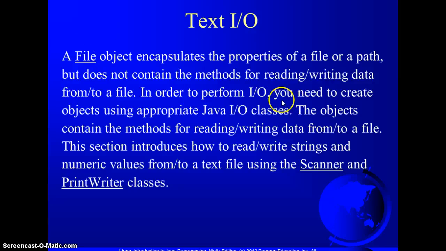So in order to perform input and output here, you need to create objects using appropriate Java I/O classes. We know File is under java.io, so we need other classes to help, and they are Scanner and PrintWriter. You already know how to use Scanner from your first day learning Java.